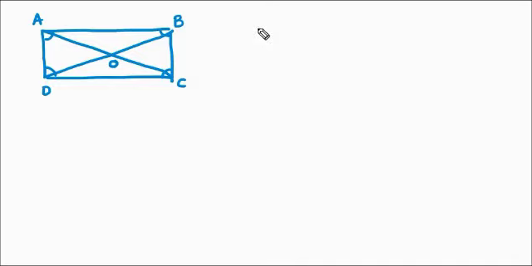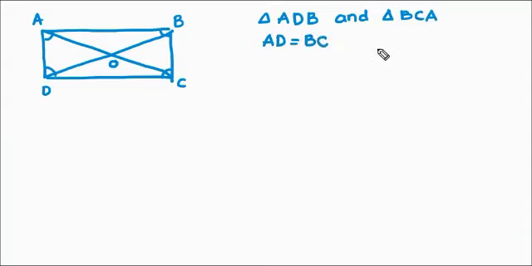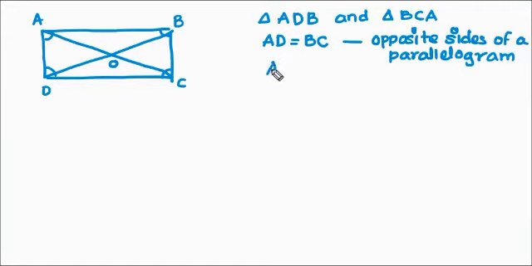So let's talk about triangles. In these two triangles, we know AD is equal to BC because they are opposite sides, and opposite sides of a parallelogram are equal. AB is equal to BA because it's a common side.